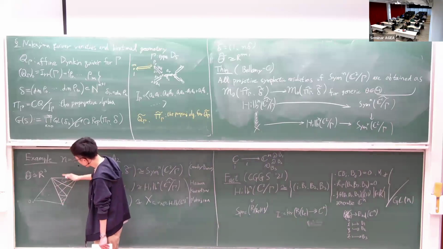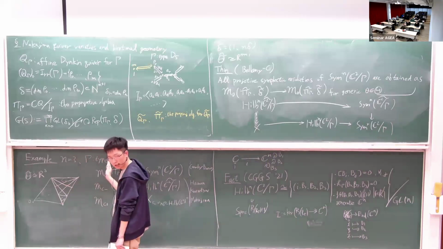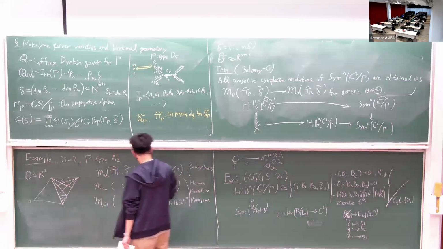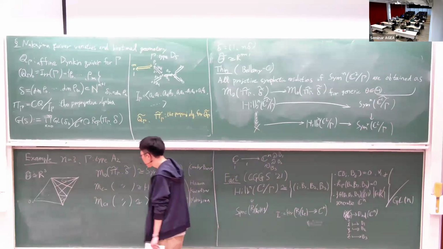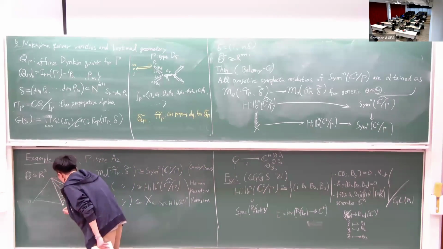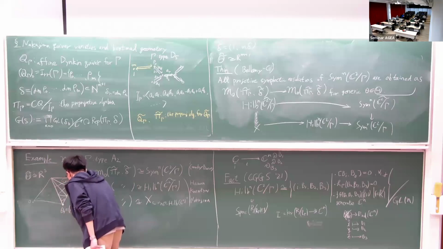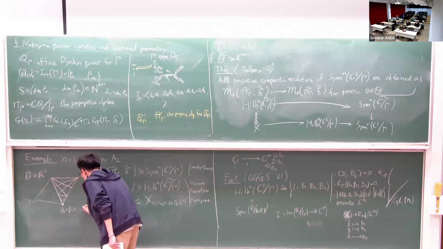So the set of chambers inside this cone is in one-to-one correspondence with the set of all projective symplectic resolutions of this symmetric power of this A_n singularity. And here there's also some special stability condition theta plus, which is written explicitly like this.